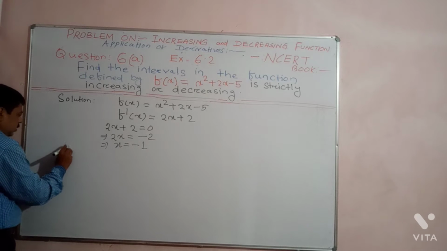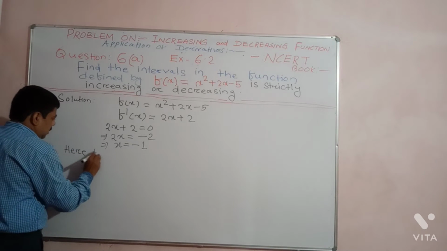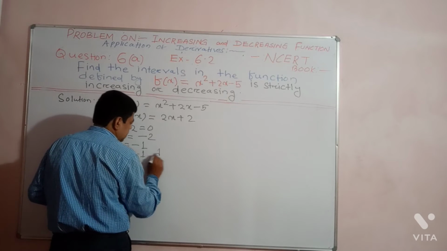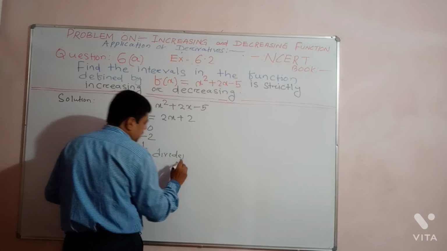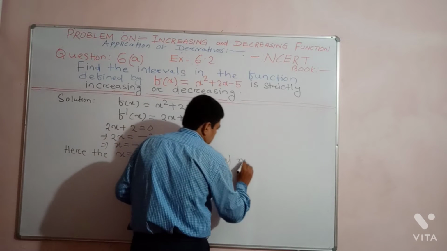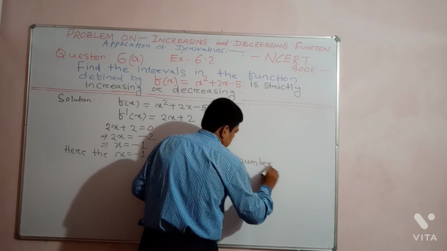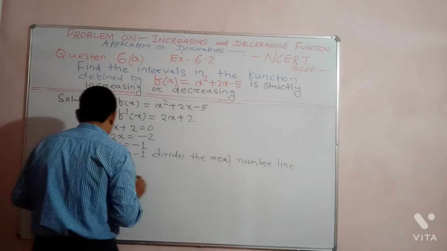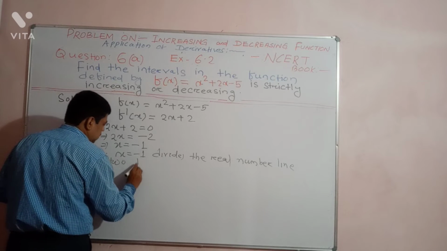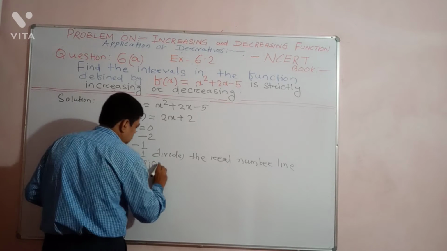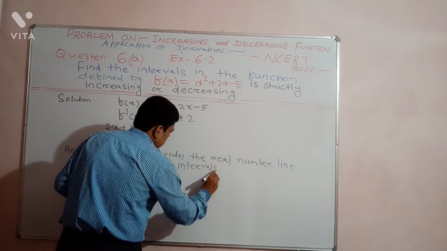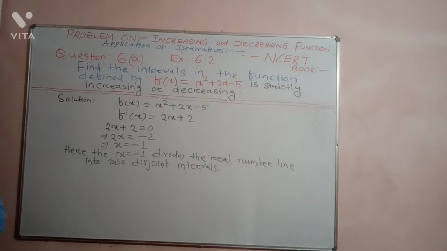Here, the real number x = -1 divides the real number line into two disjoint intervals. Is it clear?